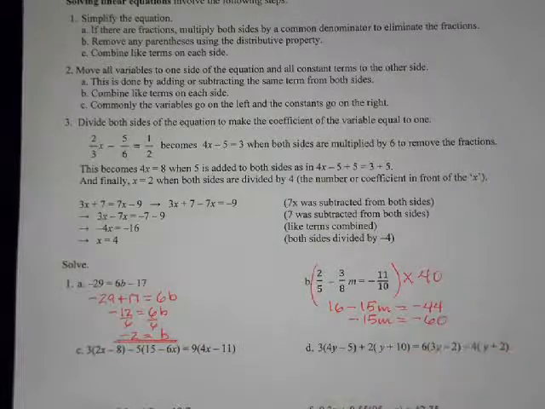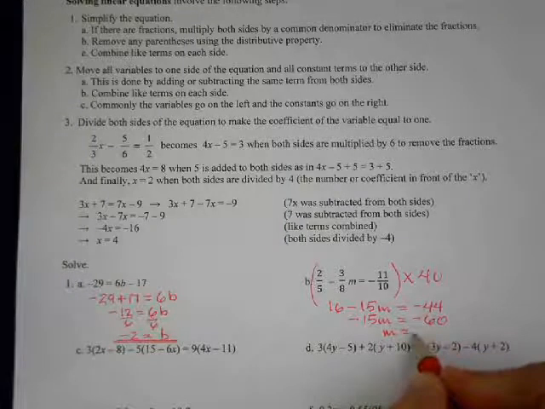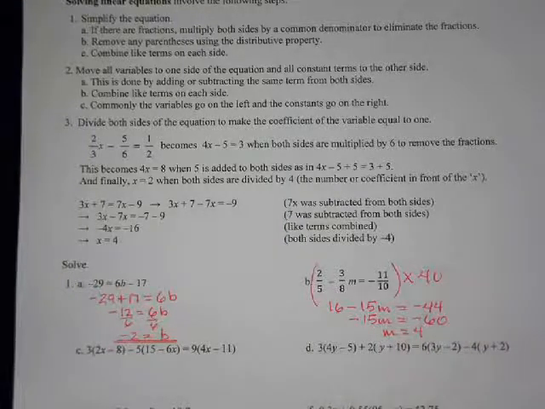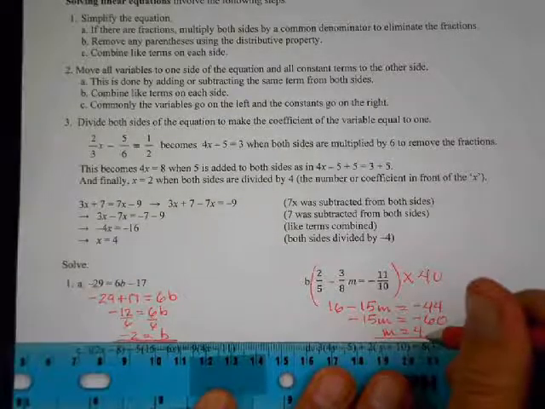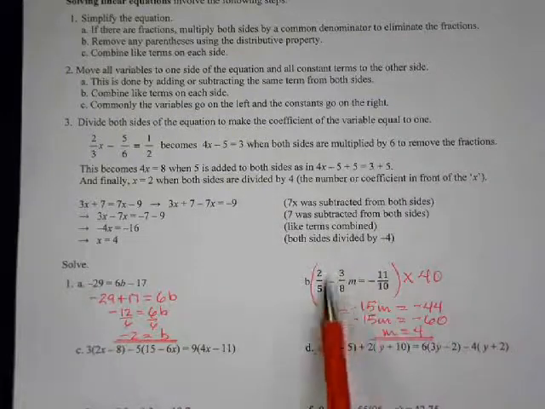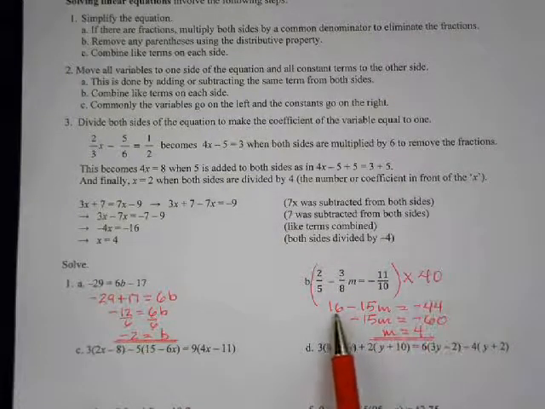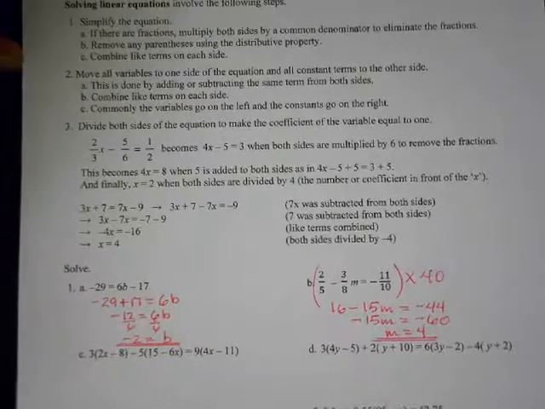Now divide both sides by the negative 15, and we get 4 as our answer for the second one. Again, we started with this, but multiplying everybody by 40 made it a much simpler problem.